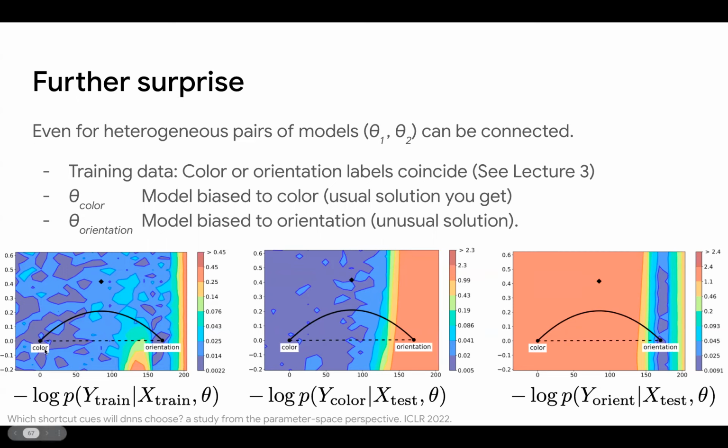One solution here is biased to color. So this model is solving the problem using color features. And this model here is solving the problem using orientation features. And we devised the training data in such a way that using either color or orientation can give you a low loss value, right?